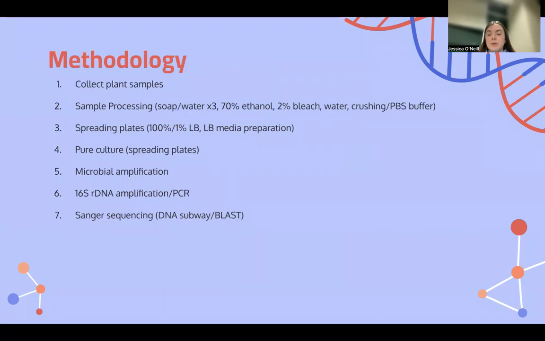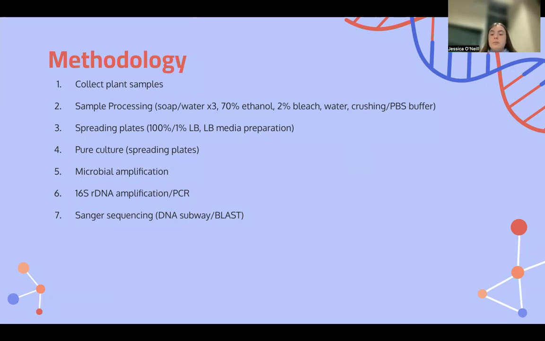Our methodology throughout the semester was that we first collected our plant samples. I collected samples of the entire plant, including the stem, leaf, and root sections, along with water samples from the area to have the plant stay in while I was working on processing it.